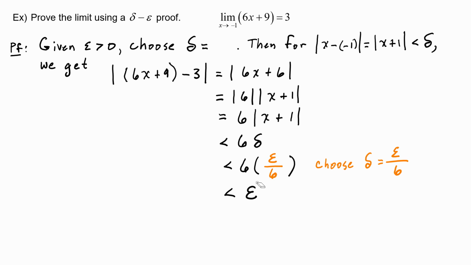Now you have to always go back to that first statement. Given epsilon greater than 0, choose delta equal to epsilon over 6, then it will work out that our f of x minus L becomes less than epsilon. So therefore, the limit as x approaches -1 of 6x plus 9 is equal to 3.